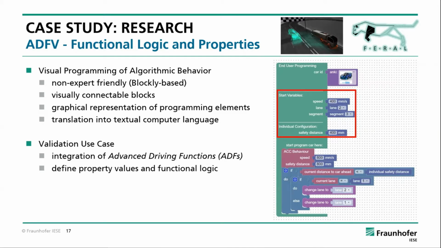The idea is, if there's an overtaking function with cruise control, how can I configure it? It's about the configuration of the speed, the configuration of the behavior, defining thresholds, defining if conditions: what happens if I reach a certain threshold, if I enter a certain safety distance, what should happen, should I change the lane? And here in Blockly, with really simple means, non-expert users are able to specify these scenarios, which are directly transformed to a script that is executed in the Ferrari platform.